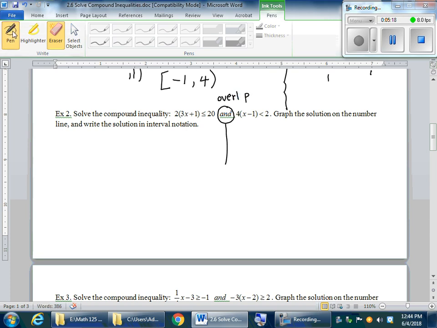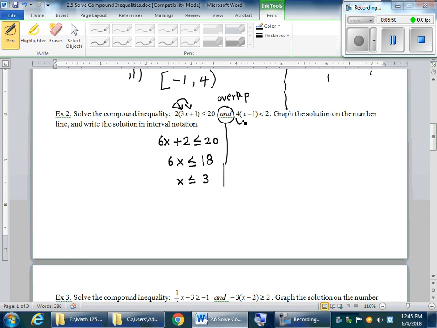Solving each case, we distribute first, which gives 6x plus 2 is less than or equal to 20. Subtracting 2 from both sides, 6x is less than or equal to 18. Dividing both sides by 6 gives x is less than or equal to 3.